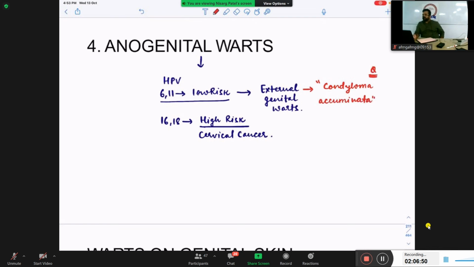In which disease will you see condyloma lata? Condyloma lata you will see in secondary syphilis. Condyloma acuminata is seen in anogenital warts due to human papilloma virus.